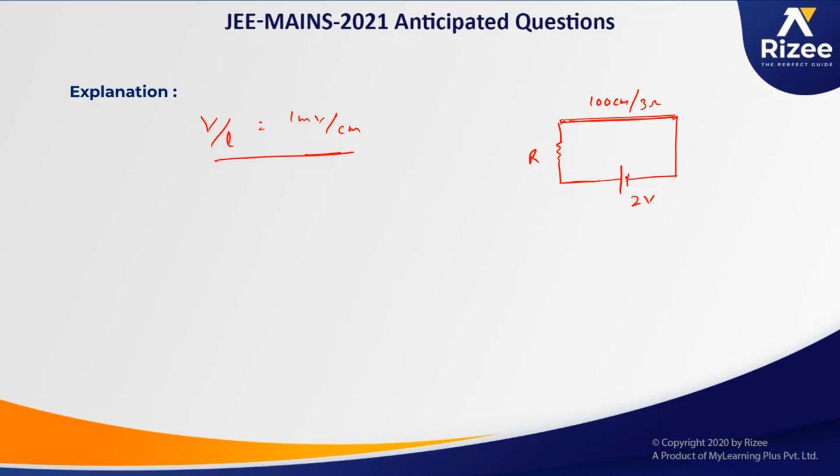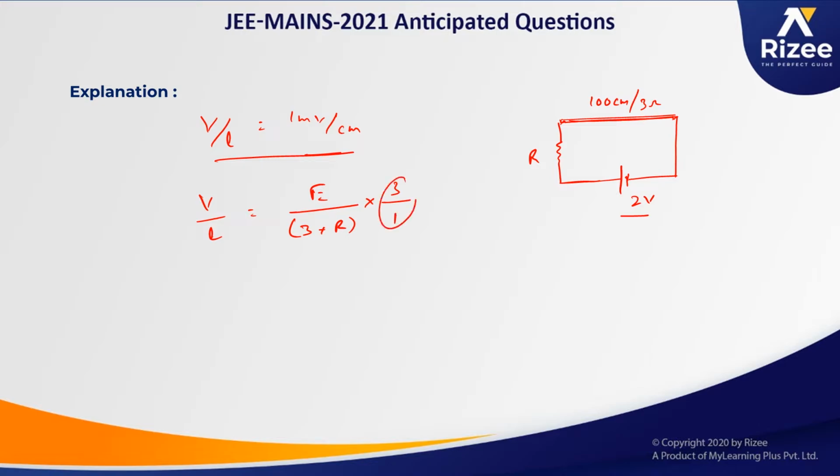So how can we calculate this particular thing? Since this 3 ohms and R are in series, and this is applied according to the potentiometer, the potential drop per unit length is equal to E, that is the EMF in the primary circuit, divided by the net resistance of the circuit, 3 plus R, into 3 by 1 meter.